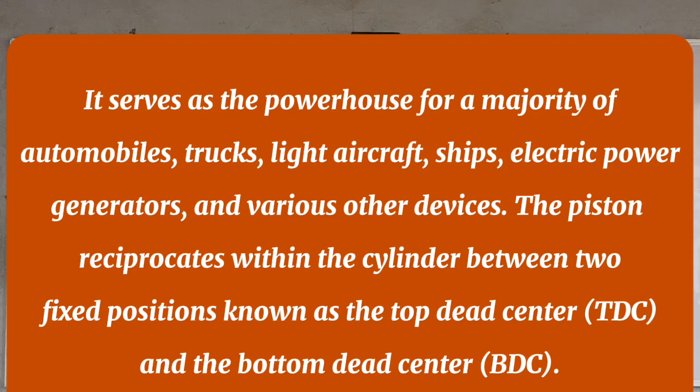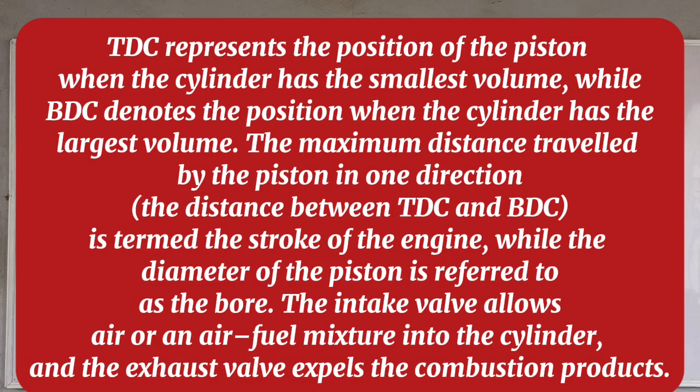It serves as a powerhouse for the majority of automobiles, trucks, light aircraft, ships, electric power generators, and various other devices. The piston reciprocates within the cylinder between two fixed positions, known as the top dead center (TDC) and the bottom dead center (BDC). The TDC represents the position of the piston when the cylinder has the smallest volume, while BDC denotes the position when the cylinder has the largest volume.